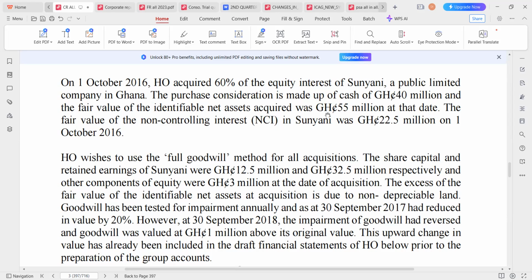So the goodwill calculation has been made simple. Questions of this nature will not worry you with goodwill calculation. The goodwill calculation is not complicated. This is the purchase consideration, 40 million. And the fair value of identifiable net assets was 55. NCI is 22.5.